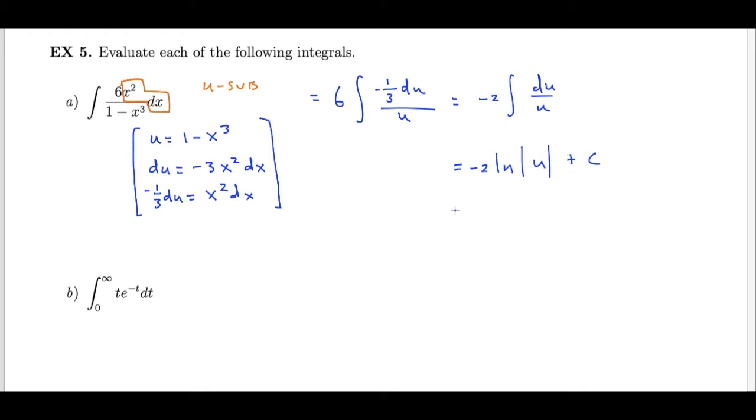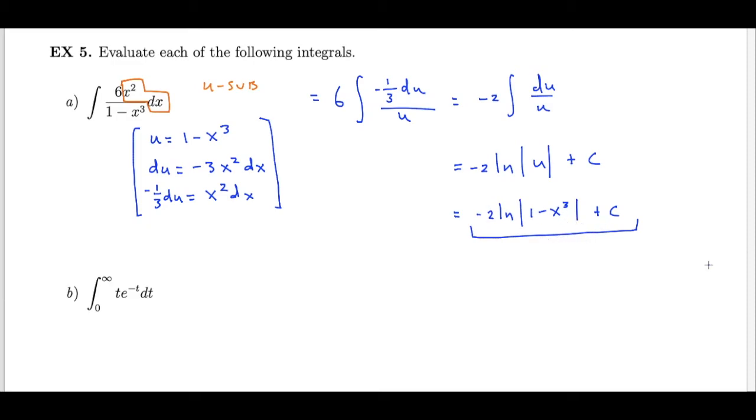So I'm going to undo the substitution, and I'll write my final answer as negative 2 natural log of the absolute value of 1 minus x cubed plus c. If you remember the rules of logarithms, there's an extra step or two I could do incorporating this coefficient, but I'm going to leave my answer at that.